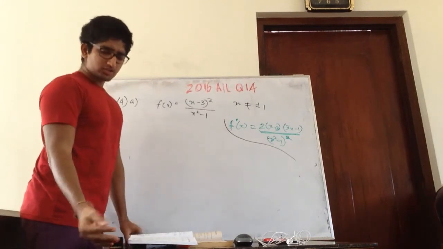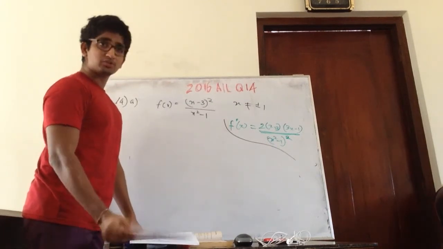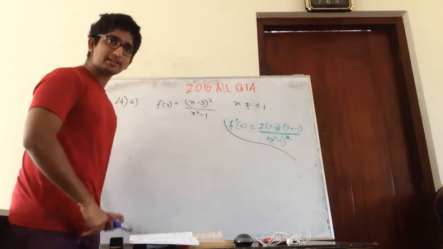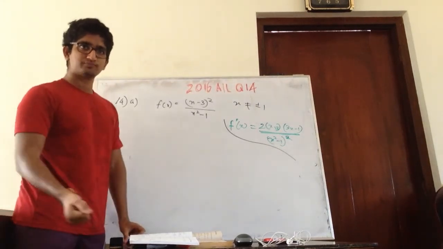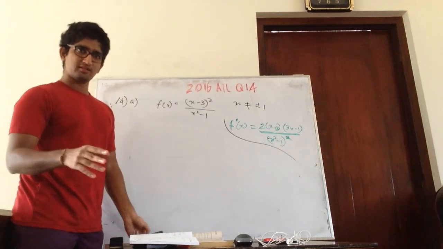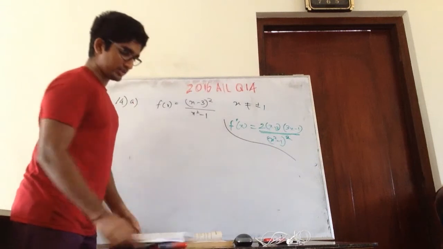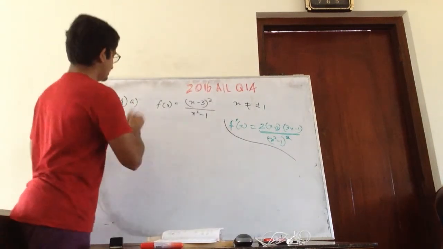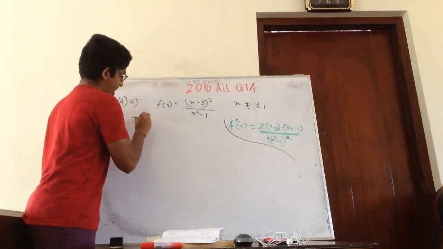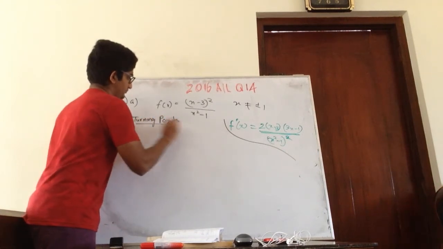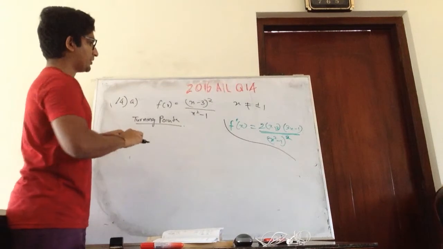So what we need to do is get the turning points and also the value at x equals 0. Then we can draw the graph. So now I'm going to get the turning points.